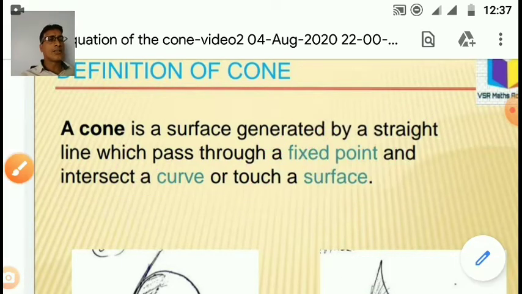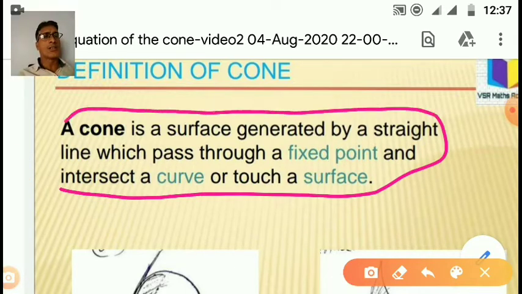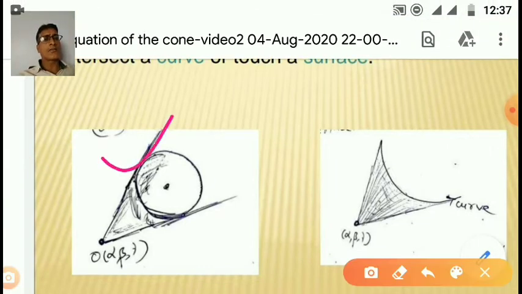By understanding the definition you can easily see that a cone is generated in two ways. One is by touching a surface and another is by intersecting a curve. For example, in this case, this is the fixed point, and this is the surface.